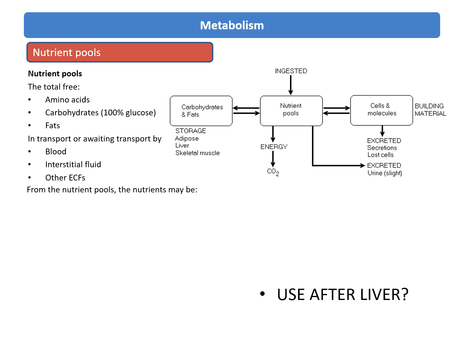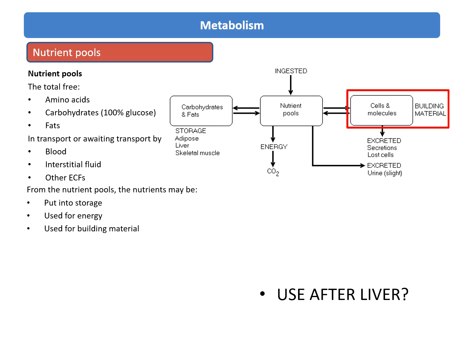From the nutrient pools, nutrients may be put into storage. Carbohydrates and fats, for example, would be stored as adipose tissue, stored in the liver, and in the skeletal muscles. The nutrient pools may be used for energy. Energy would generate a waste product, carbon dioxide.